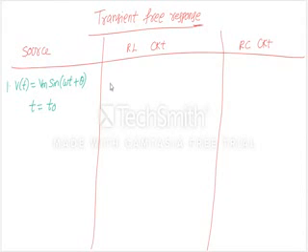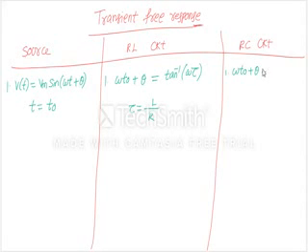In case of RL network, the condition we have seen is omega t naught plus theta equal to tan inverse of omega tau, since it is sine harmonic, where for RL network tau is L by R. Now for this RC network, omega t naught plus theta is equal to tan inverse of omega tau, same, but here tau is RC.